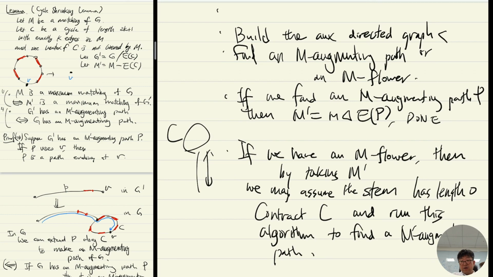Now, we run this algorithm recursively, but now when you contract, the graph gets smaller, so the recursive function never runs into an infinite loop. It will eventually stop.